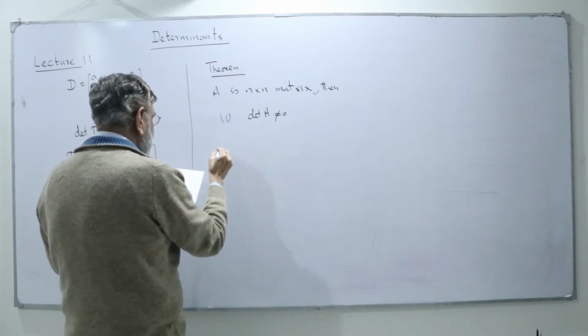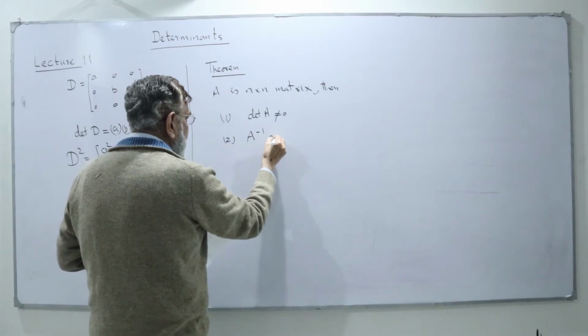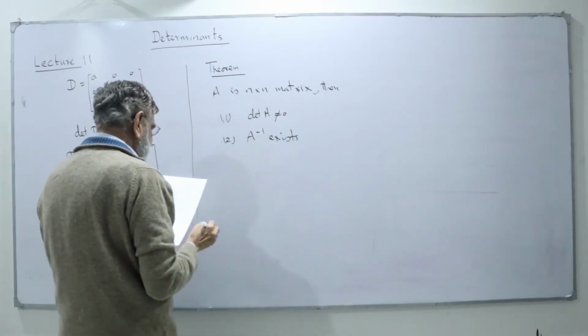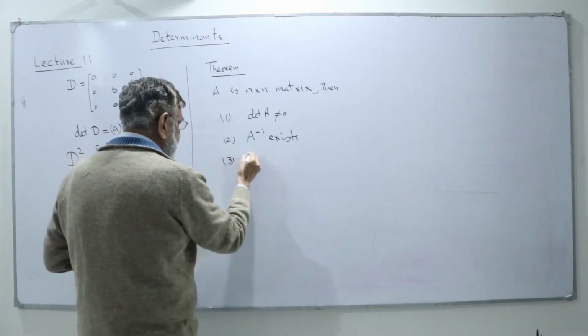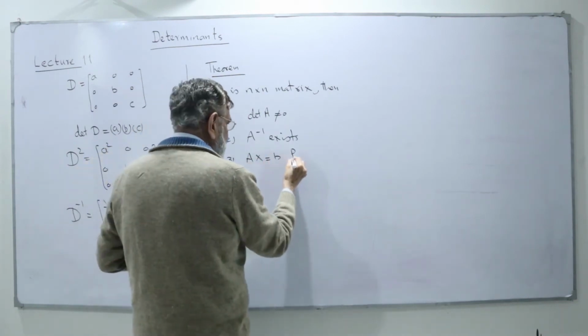Then we can say number two, A inverse exists. We have seen already this one. If this is 0, A inverse does not exist. So we have number 3, A x equal to B has a unique solution.